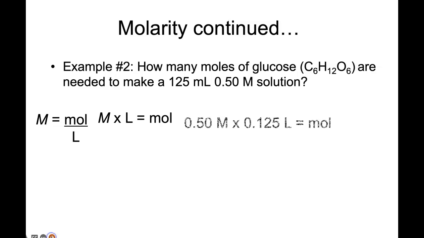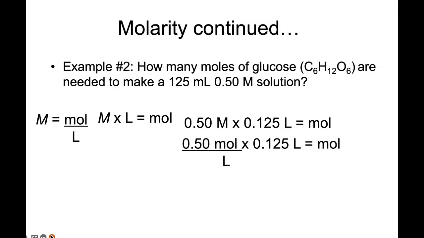So now I simply need to turn my volume into liters, 0.125, times the molarity. And as I do that math, remember that the molarity, big M, is moles per liters. So notice that my liters will cancel out here.